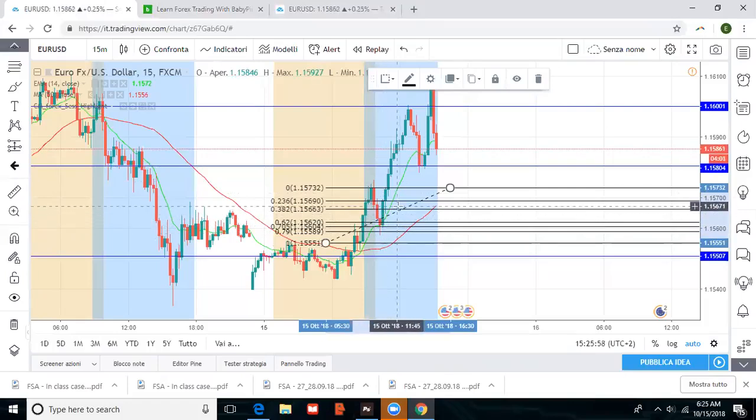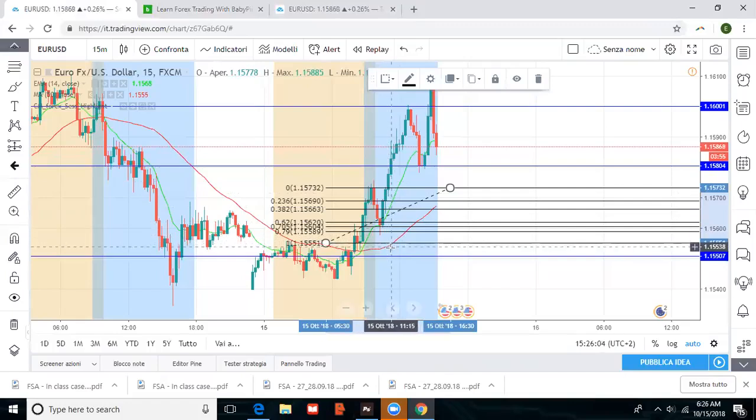And if you follow my instructions, always remember to set your stop loss at 10 pips and your take profit at 10 pips. So you're always going to have small profits of 10 pips, but they're going to add up.